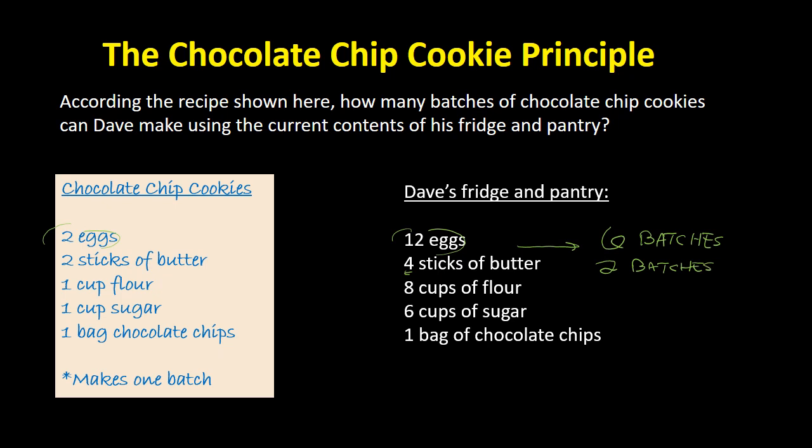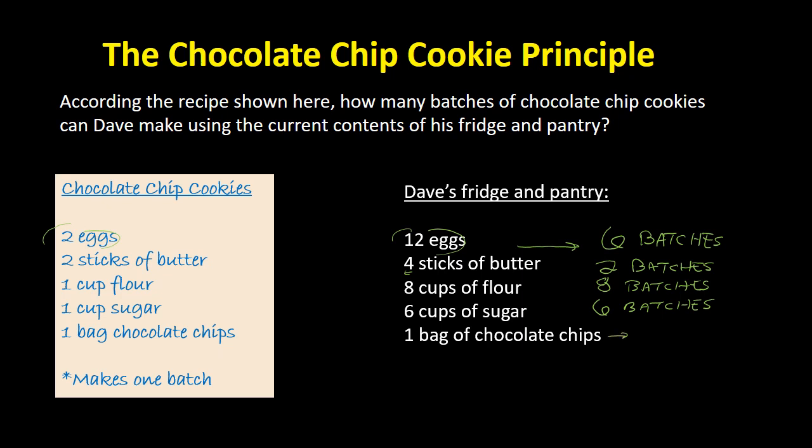Each batch requires 1 cup of flour, and he has 8. So he has enough flour to make 8 batches. Following the same reasoning, he has enough sugar to make 6 batches. But each batch requires a bag of chocolate chips, and he only has 1 bag of chocolate chips.